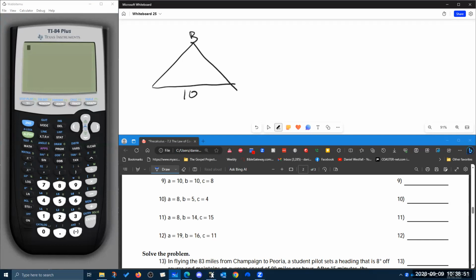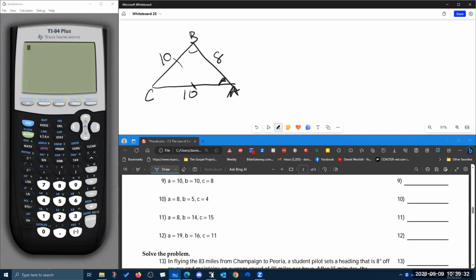It's across from B, and 8 is across from C, and 10 is across from A. So something like that. These are the same length there. So that means that these angles here and here should be of the same measure since it's isosceles. Let's go ahead and figure out A or B, and they'll both be the same measure here.